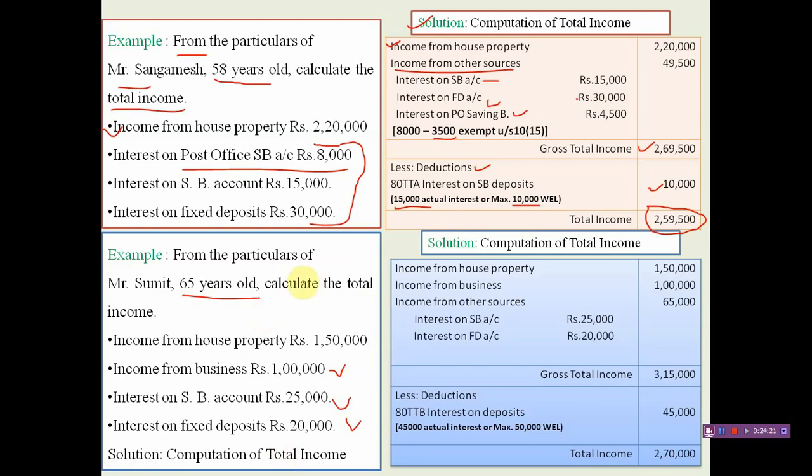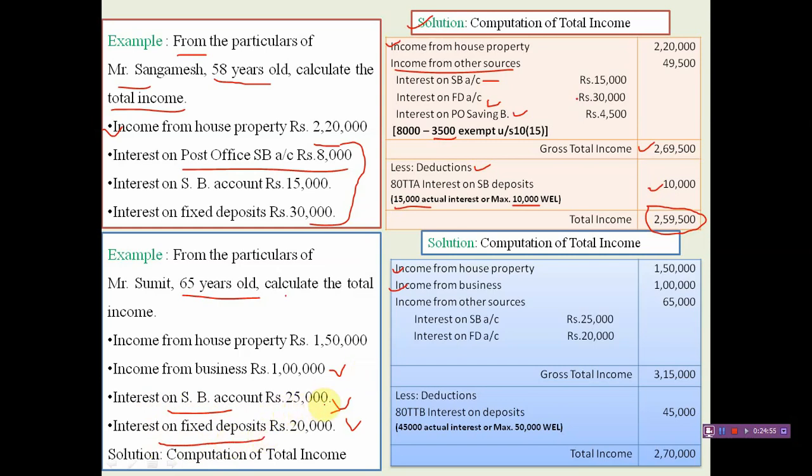Solution: computation of total income. First, income from house property rupees 1,50,000. He has income from business, that is rupees 1 lakh, and he has an income under other sources, that is interest on SB account and interest on fixed deposit.